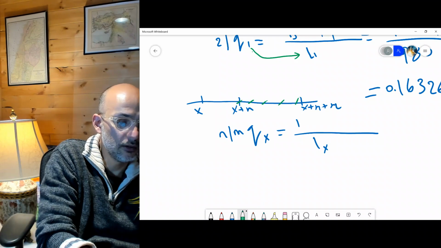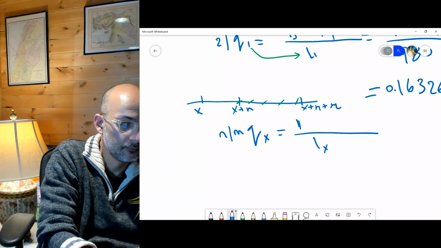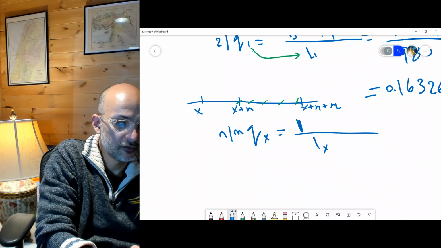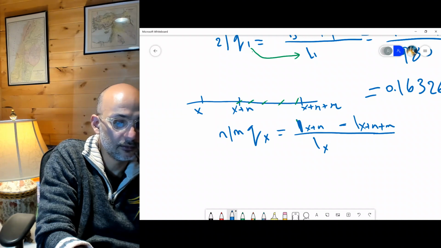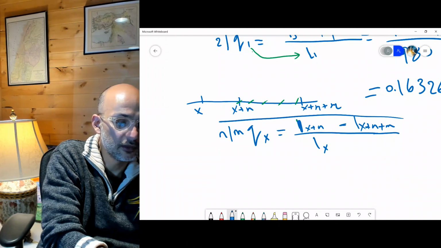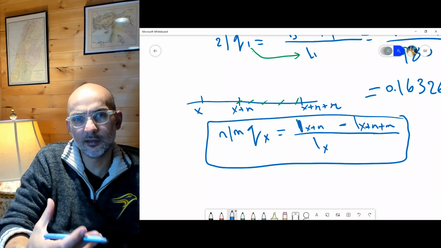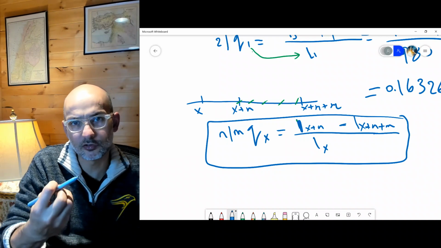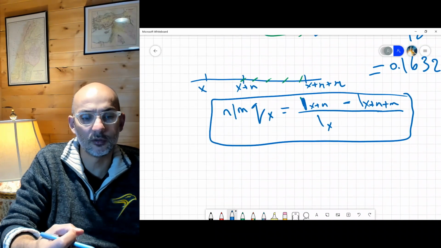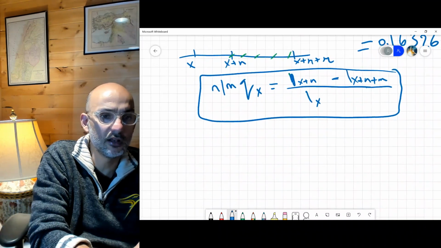So this one will be l of x plus n minus l of x plus n plus m. And this is something you need to memorize. It's very important, but it's not really hard memorization. You need to understand it conceptually.